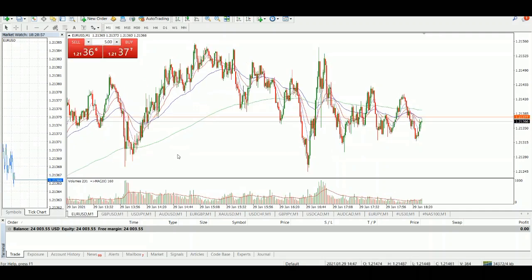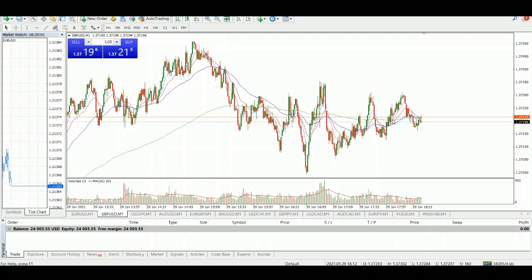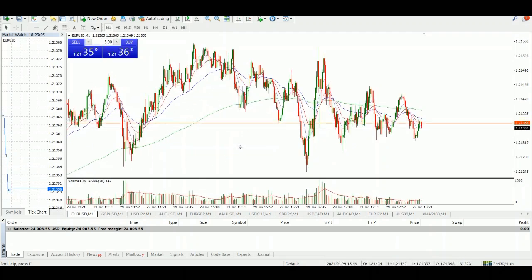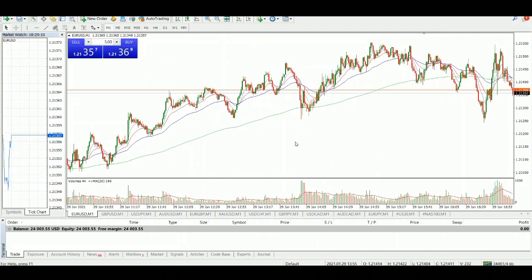You will notice that, for example, now euro dollar is in ranging mode, GBP dollar also is in ranging mode. When GBP dollar was in uptrend, euro dollar was also in uptrend. Also notice that it's one of the other secrets, one of the monitoring secrets.